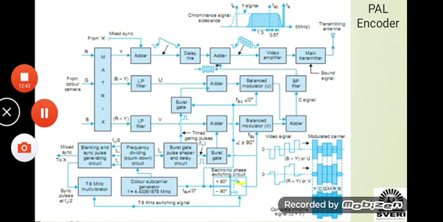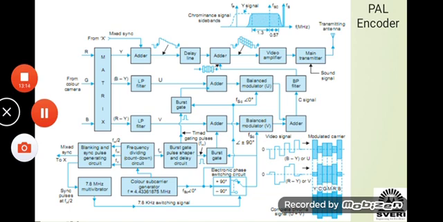Now this color subcarrier will give input to a switch, which is plus minus 90 degrees on both sides, and the switch will be driven by a multivibrator of 7.8 kilohertz, which is exactly half of the horizontal synchronization pulses, so that it can get every alternate value of the horizontal signal.